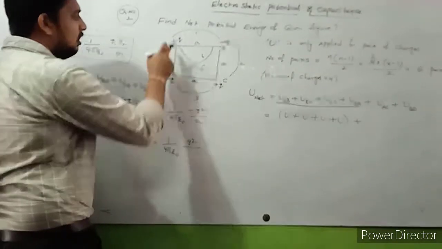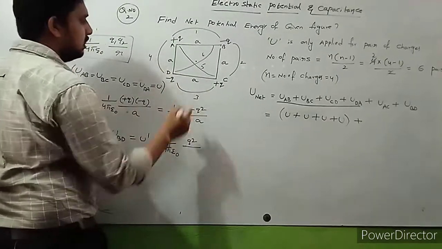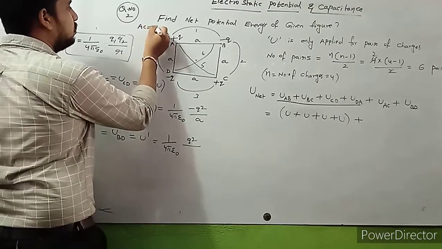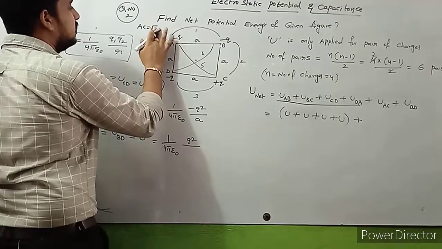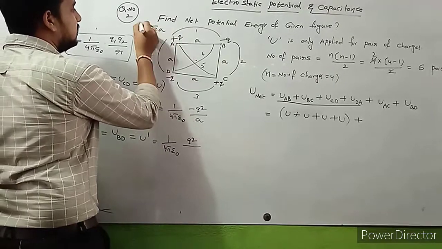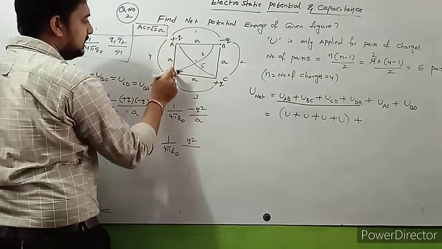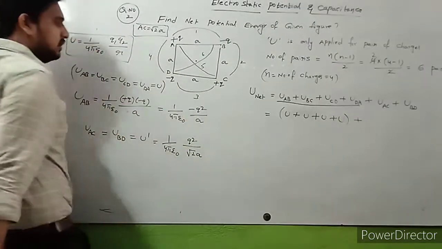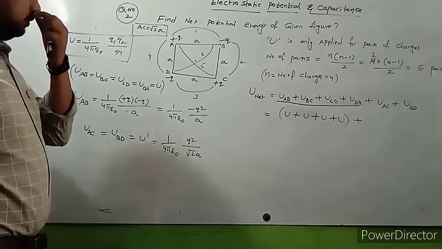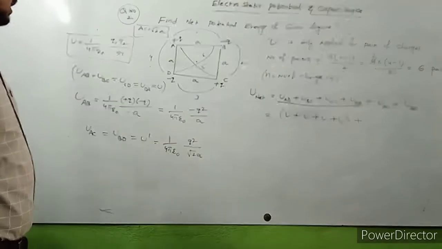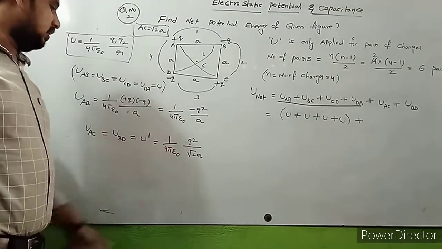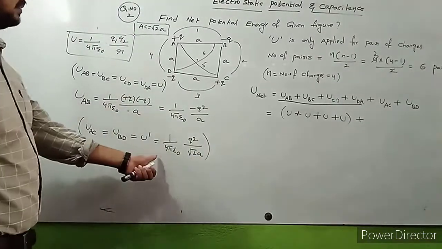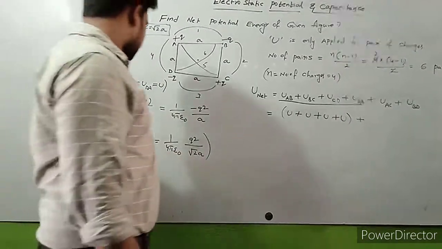You know the length of the diagonal AC: it is root 2a, because the length of the side is a, so the length of the diagonal is root 2a. So 1 by 4 pi epsilon naught into q1 q2 by root 2a, which gives 1 by 4 pi epsilon naught into q square by root 2a. So this is U dash.